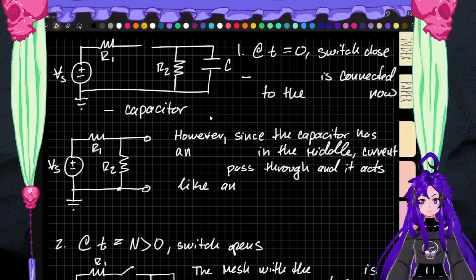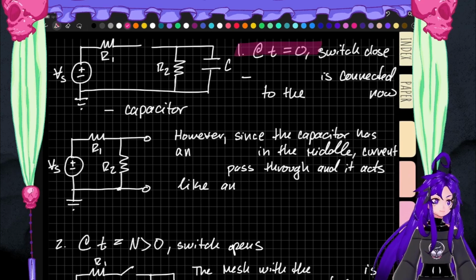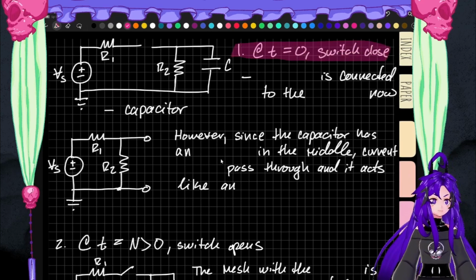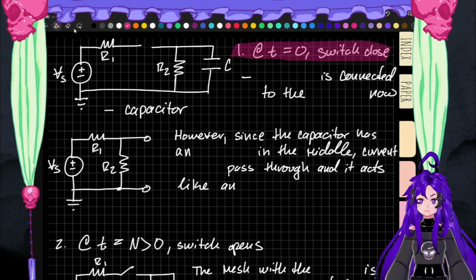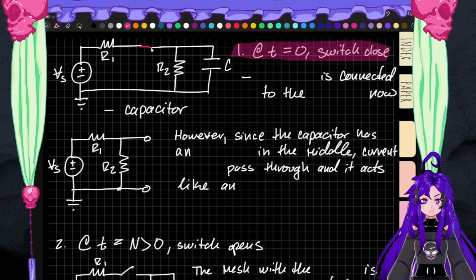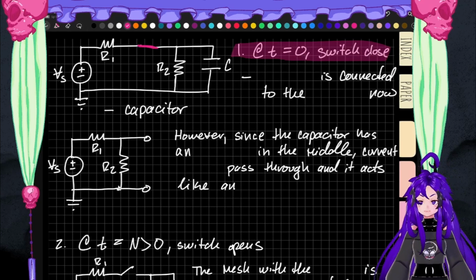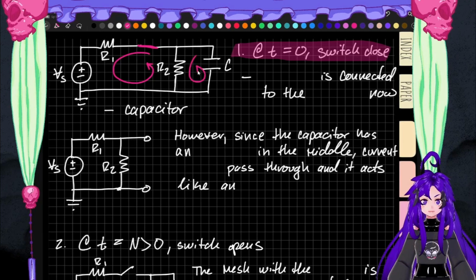So, starting out, t equals 0 when the switch closes. We've got a circuit. So this has a current in it, this has a current in it.